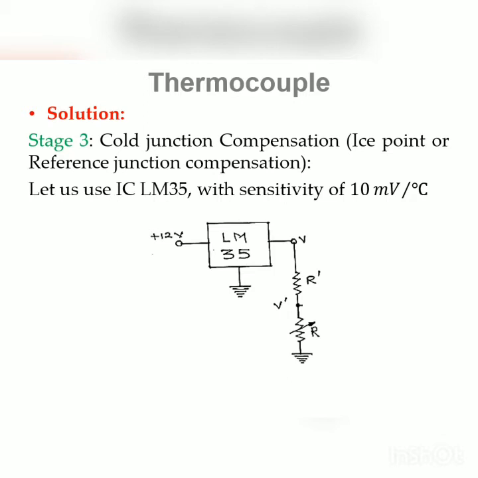So to get V dash as 1 millivolt per degree Celsius, we can simply form a potential divider arrangement with the help of R dash and R. Though here I have shown R as a variable one, let's see why in the next slide.